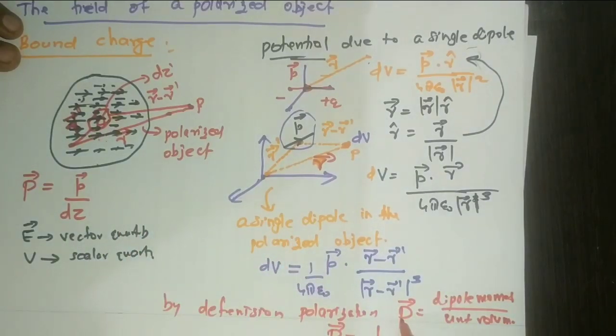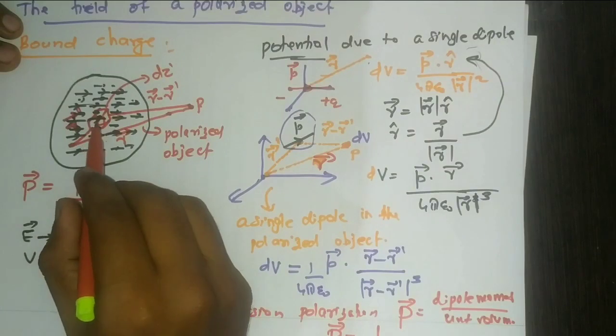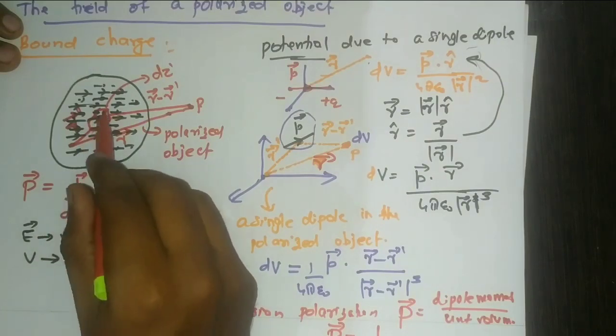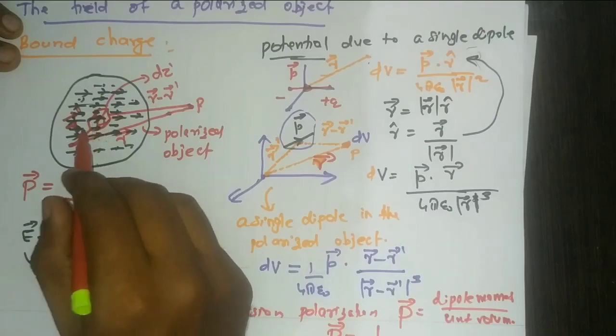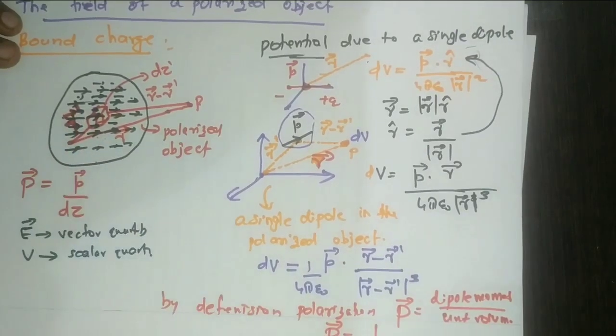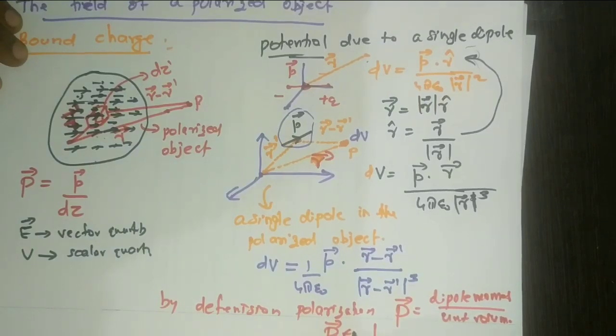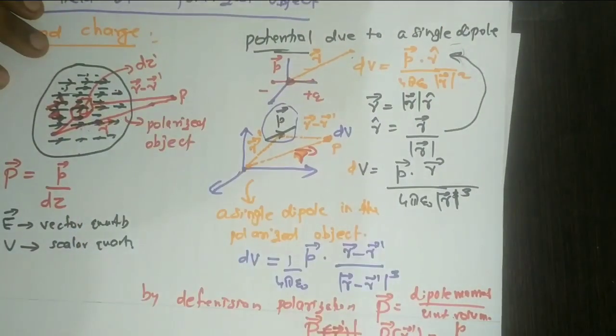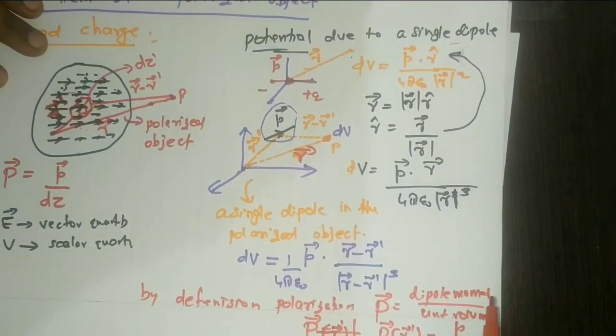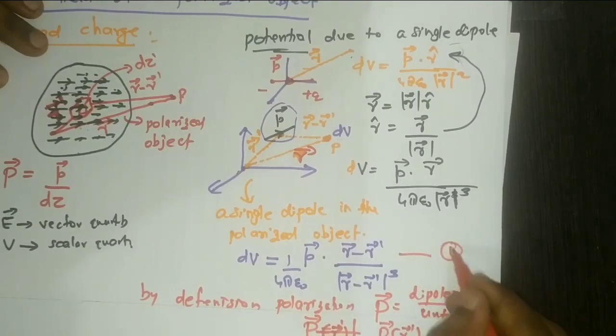This P is the polarization that takes place in this volume element, that is, its coordinate is r prime. Therefore, I need to mention this is r prime. I will write here P of r prime is equal to dipole moment small p over the unit volume, which is nothing but d tau prime. If I give the equation, this is equation number 1 and this is equation number 2.